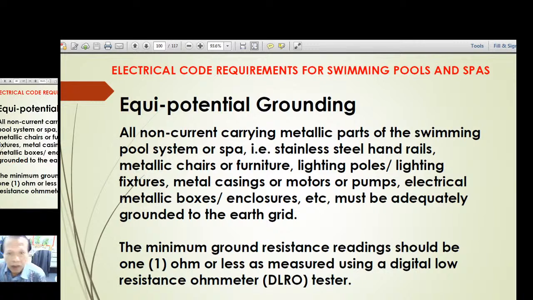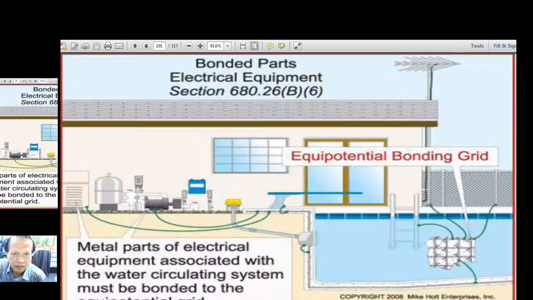So, the minimum ground resistance reading should be 1 ohm or less as measured by using a digital low resistance meter tester.